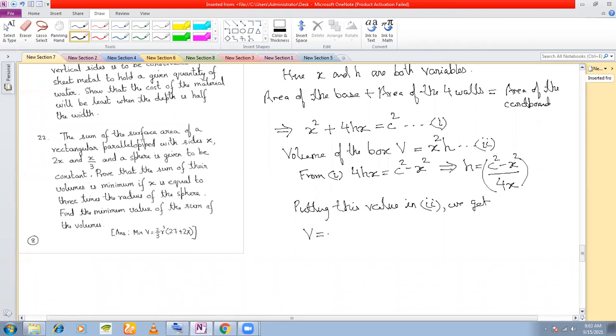V is equal to x square times (c square minus x square) divided by 4x. That is, V is equal to, x will cancel here, so simply we get x into (c square minus x square) by 4.